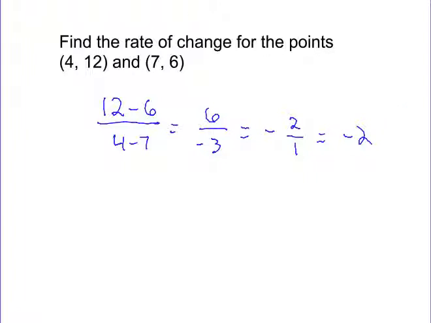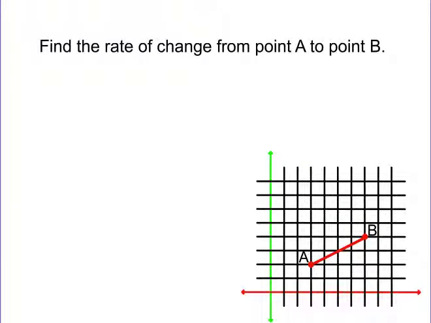Now, moving along, what if I don't have any ordered pairs? All I've got is a line on a graph. I can find the ordered pairs and calculate the rate of change. So give me the ordered pairs for point A. A is 3, 2, and B is 7, 4.